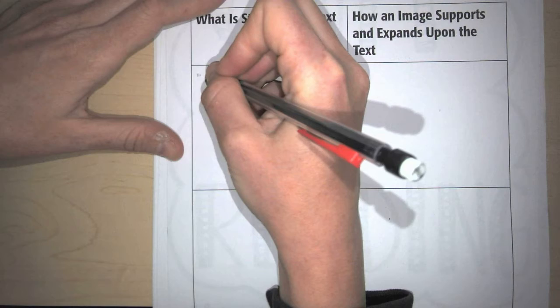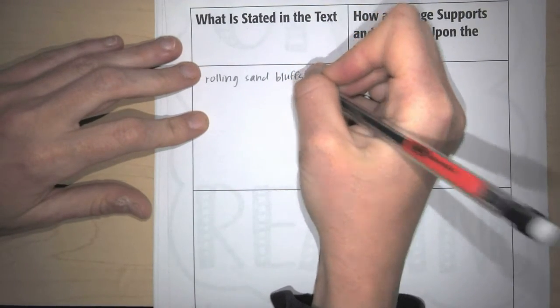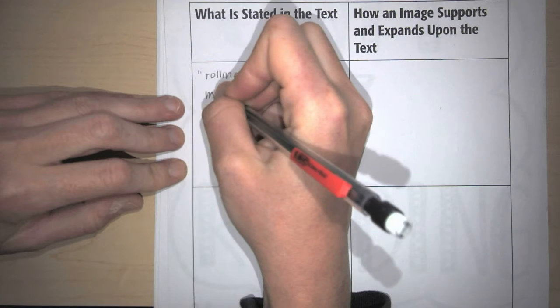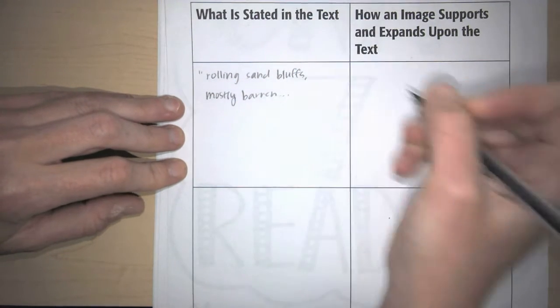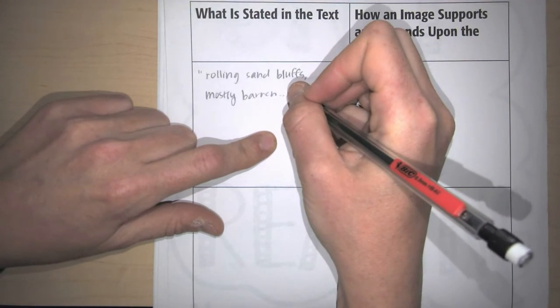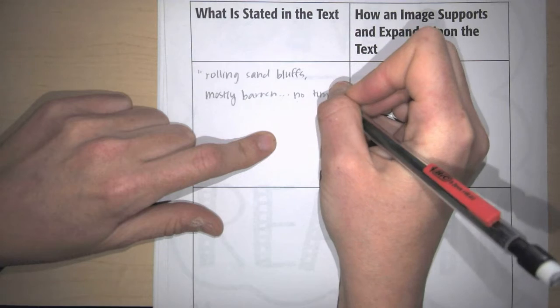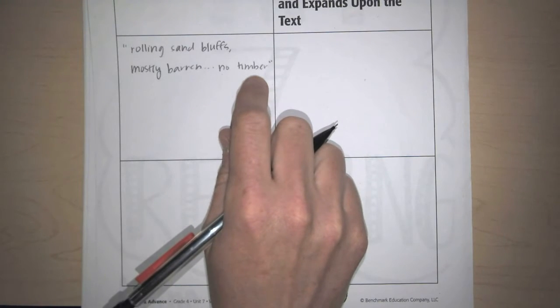It's stated rolling sand bluffs, mostly barren. And then later on, I can use an ellipsis because later on it said no timber. Remember, timber is logs and wood. And then the images. How do the images help me?